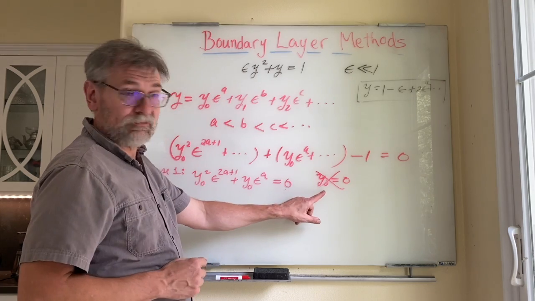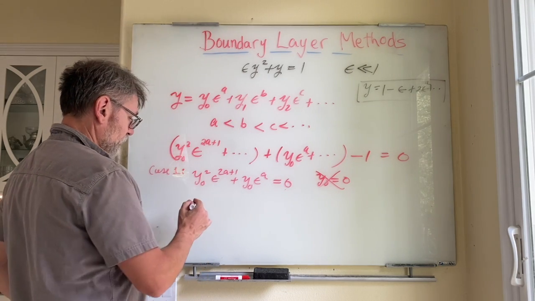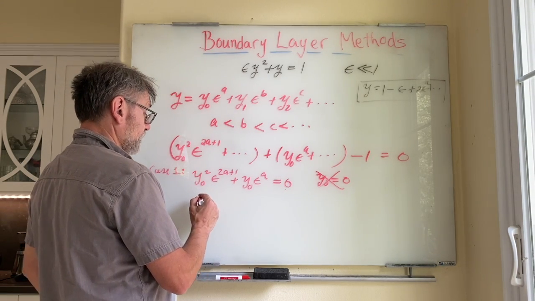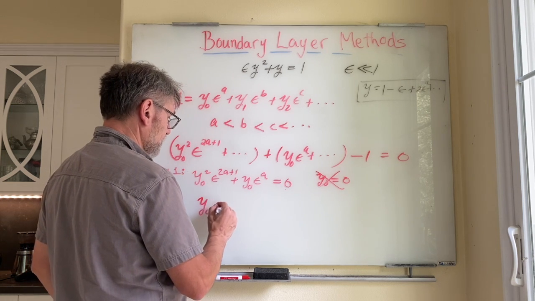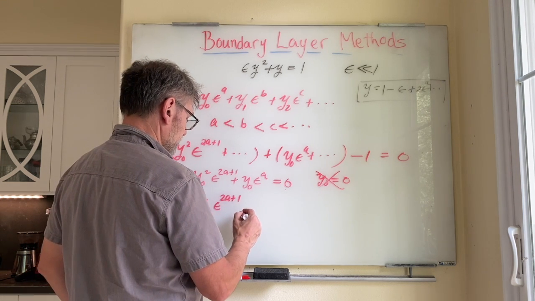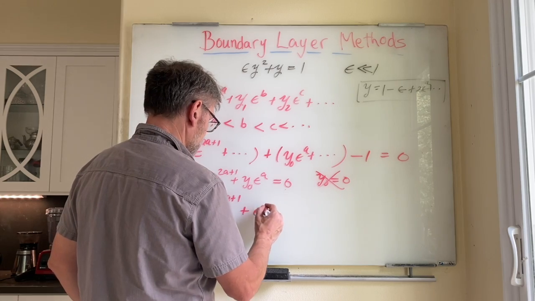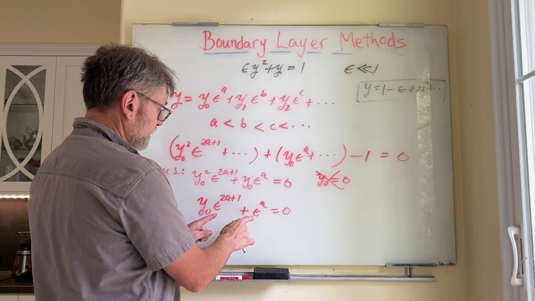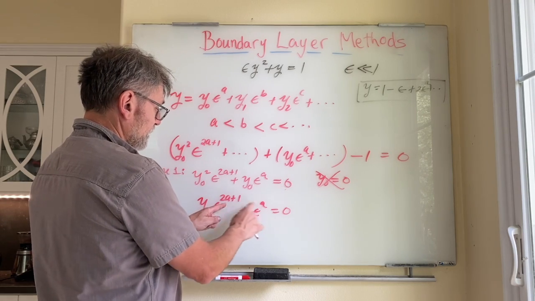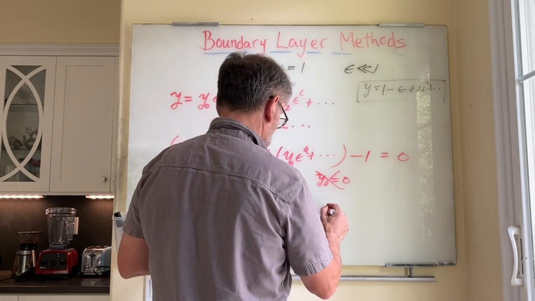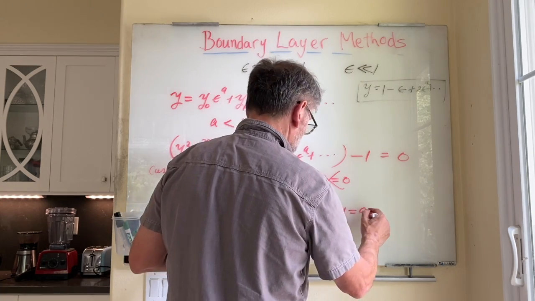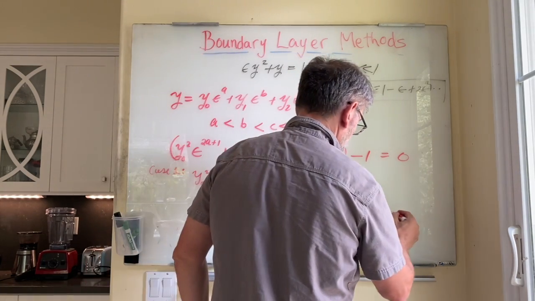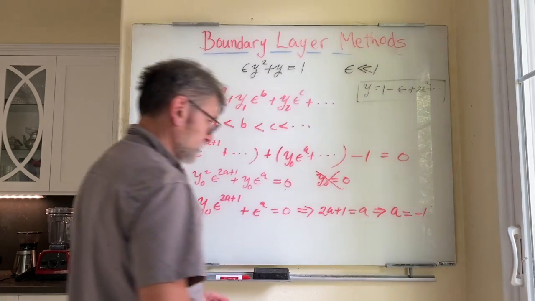Okay, so if y naught is not equal to 0, then what we have is y naught times epsilon to the 2a plus 1 plus epsilon to the a is equal to 0. And if this is going to be true for any value of epsilon, then these powers of epsilon have to be equal, which means that 2a plus 1 is equal to a, or a is equal to minus 1.